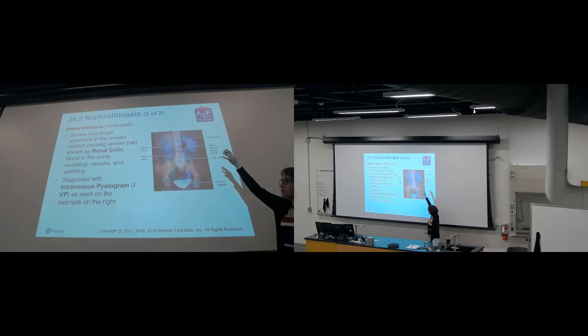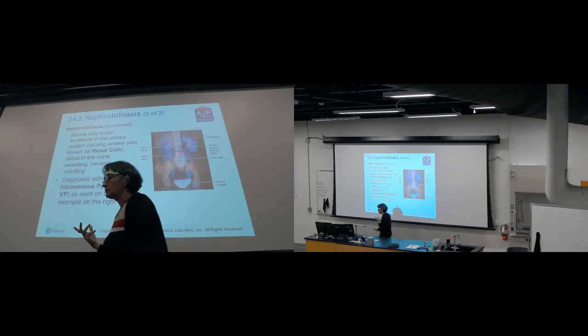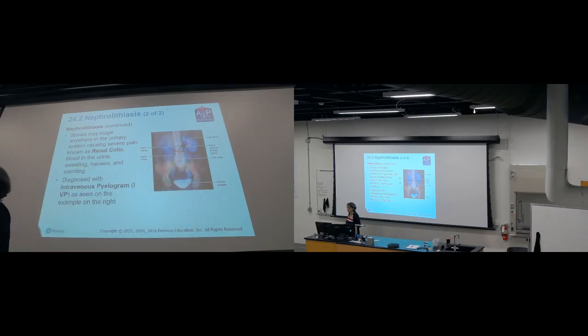You inject contrast material into the venous system of the person, then you take imaging studies and see if you have urine flow. So in here, what you can see is the urinary bladder is full with the contrast material.